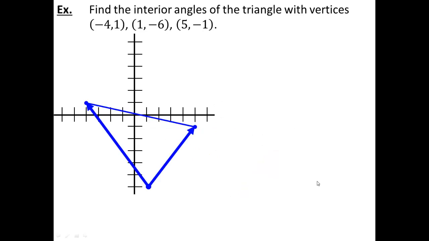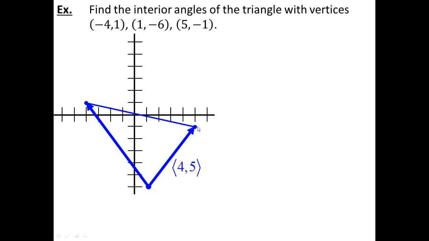For example, these two sides would be these two vectors. So if I'm going from 1, -6 to 5, -1, think of 1, -6 as my initial position, 5, -1 as my terminal position. So if I wanted to get the component form for that vector, it's just final, or head minus tail. 5 minus 1 would be 4, -1 minus -6 would be 5.